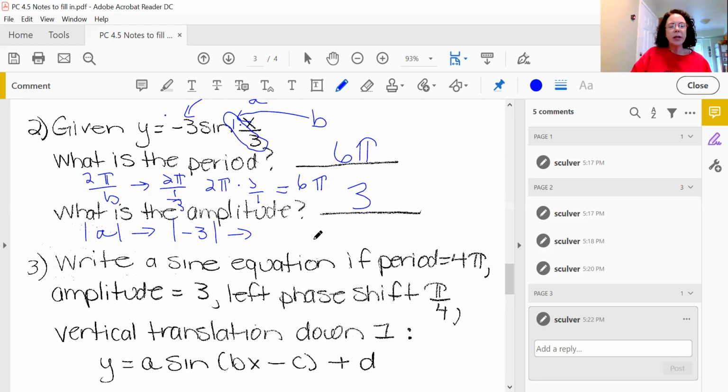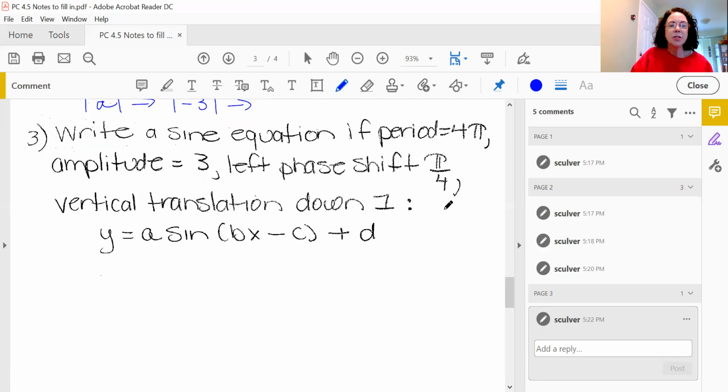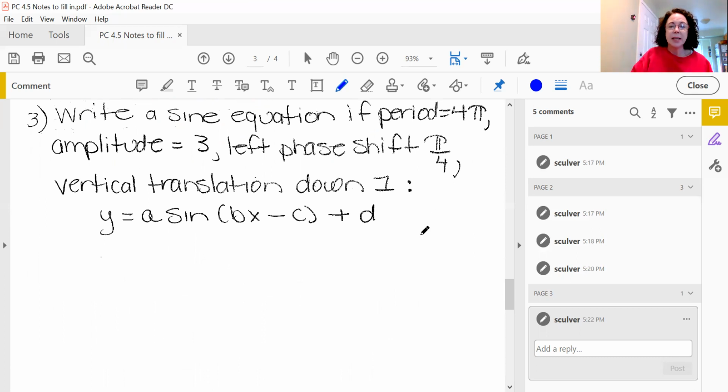On number 3, let's write a sine equation. The period is 4 pi, the amplitude is 3, you have a left phase shift of pi over 4, and a vertical translation down 1. I still use the same order that I normally do. I always start with the vertical shift.